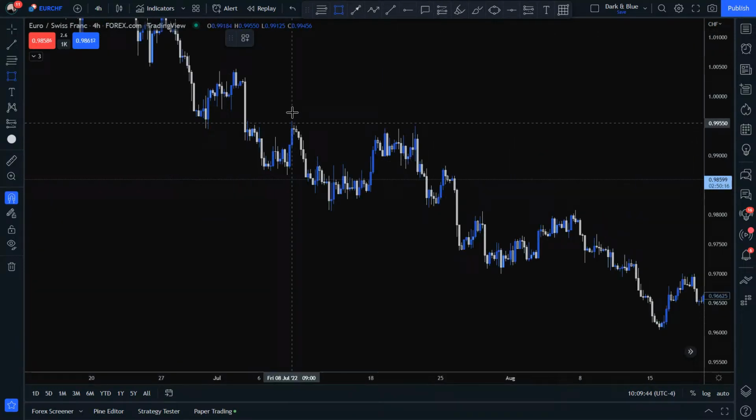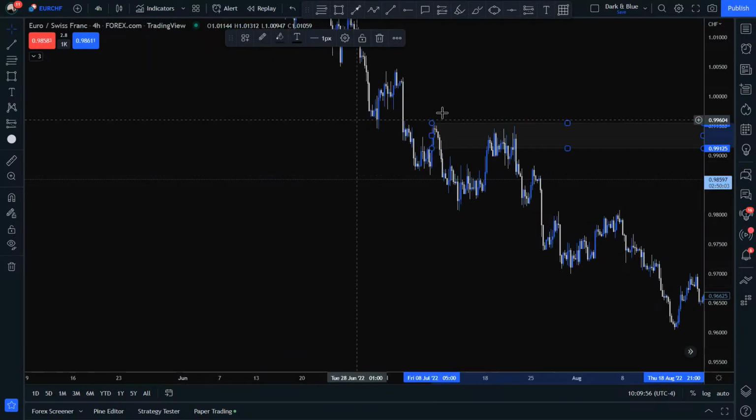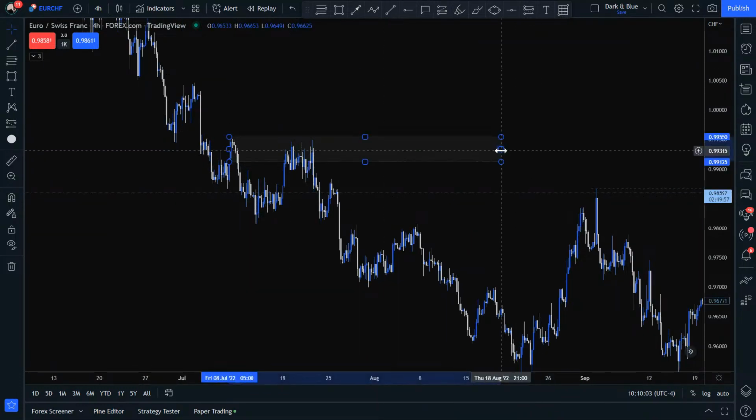I believe this is the high here. Yeah. And I'm going to mark this supply here. We can start it from up here because we're already in the extreme of the zone. All right. This high is holding thus far.